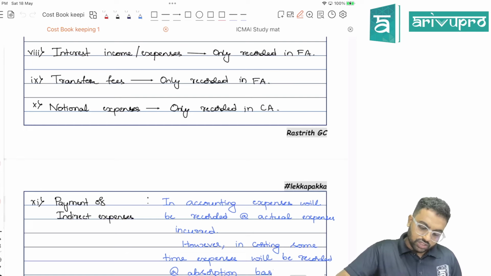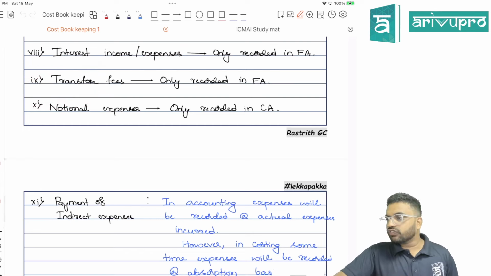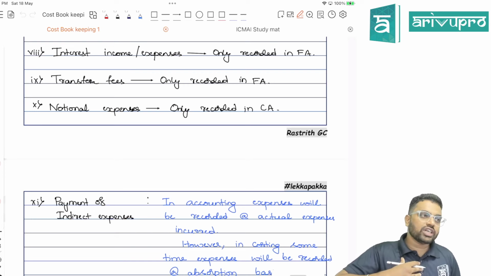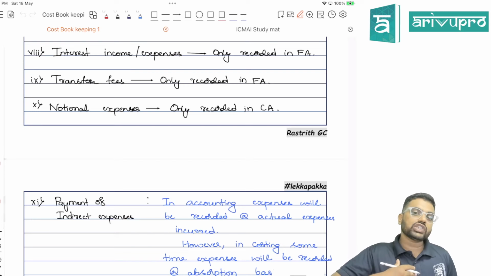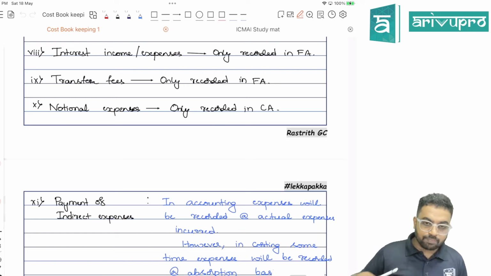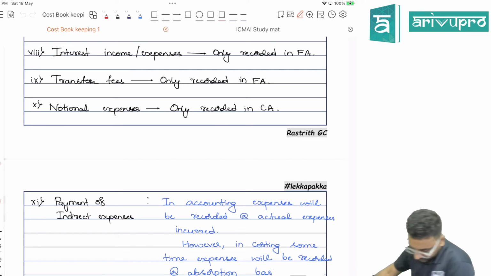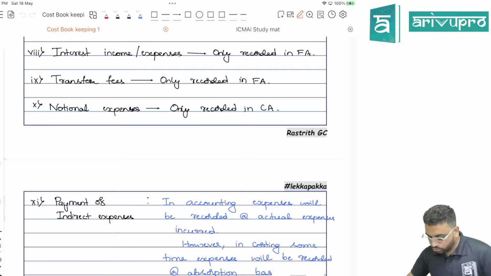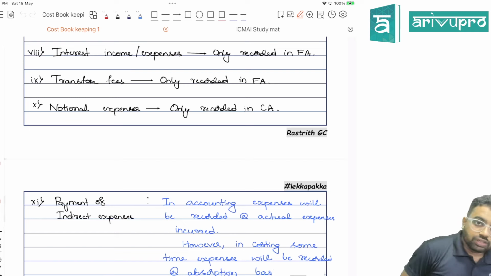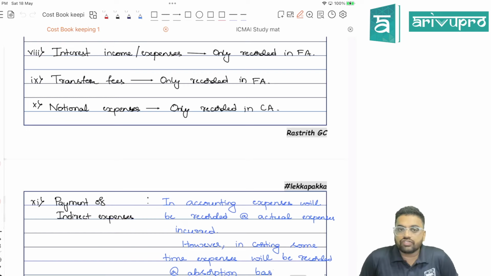Okay. Sir, transfer fees. What do you mean by transfer fees, sir? Transfer fees means, for example, let's say I am holding shares of ABC Limited. I sold it to you. Now you should pay the company certain money to change the name of the shareholder. Otherwise, the company will end up paying the dividend to me only, no? Based on our agreement, if it's me, I should do it; if it's you, you should do it.